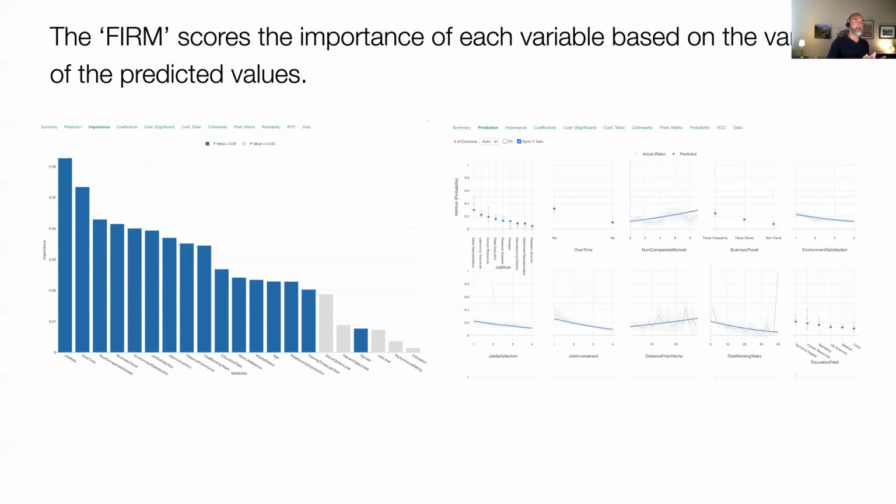When you go to the importance tab, the default permutation method is basically creating a model each time while removing one of the predictors. Then we evaluate how much the prediction performance degrades compared to the model with all the variables. That way it makes sense, and it's also easier to compare with other models with different algorithms.